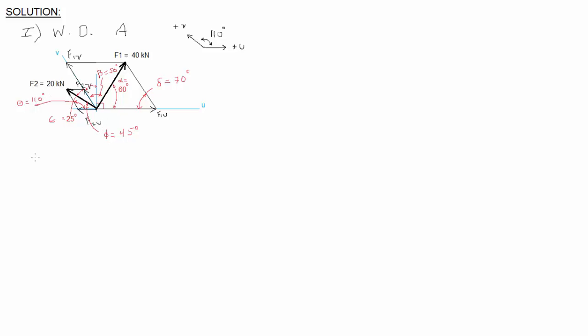So after we've got our working diagram and all of our dimensions on there, now I'm going to go ahead and solve for my F1 components. So I'm going to say solving for F1u and F1v using law of sines.